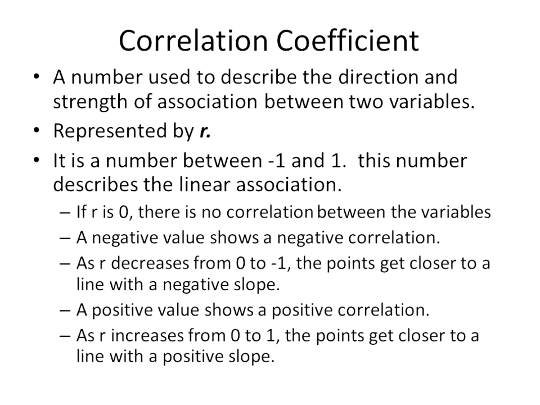When we write the correlation coefficient, we usually use the small letter r. It's usually a number between -1 and +1, and that number describes the linear association.